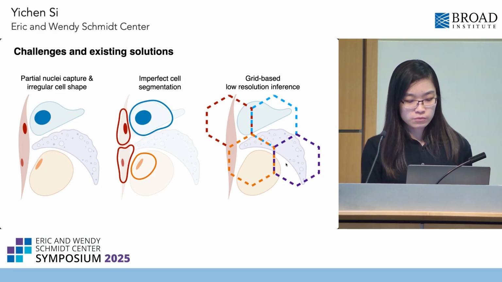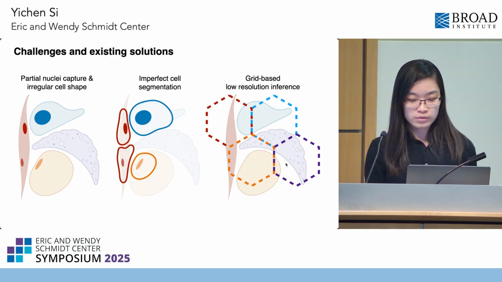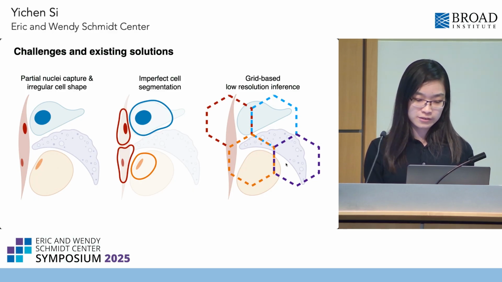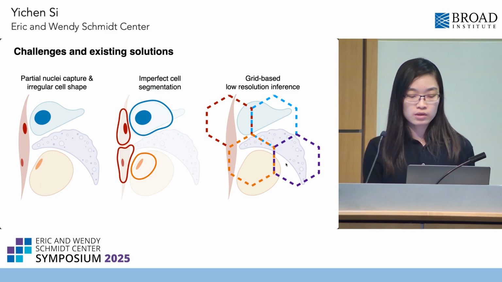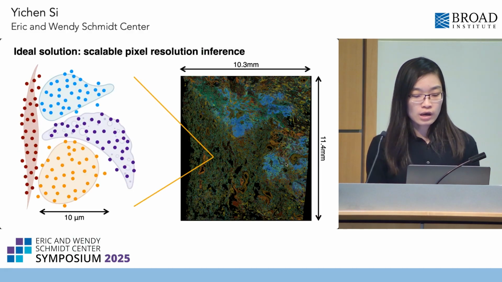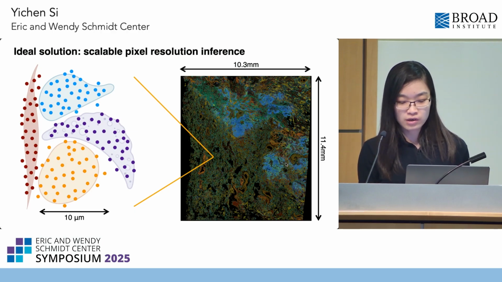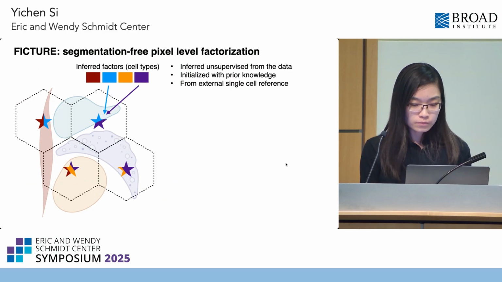An alternative way is to do grid-based analysis, to collapse those sparse information from individual pixels into bigger units enabled to do statistical analysis. This approach can use all the transcripts, but it loses spatial resolution. And often, such a grid contains a mixture of different cell types. The ideal solution should annotate cellular function at each individual pixel and do so efficiently for large tissue regions. And this is what we aim to achieve.